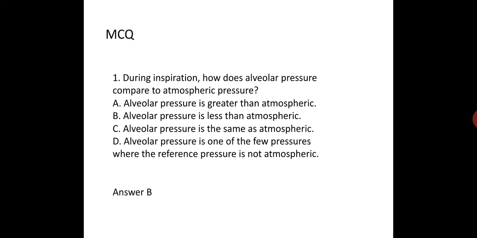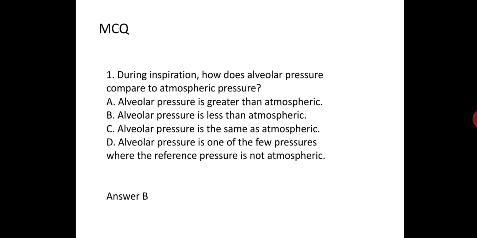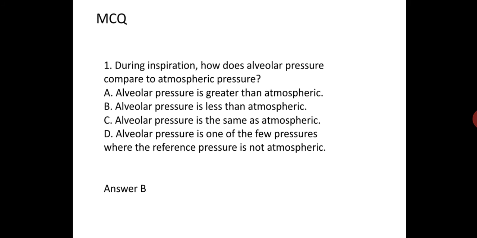The first one is, during inspiration, how does alveolar pressure compare to atmospheric pressure? A, alveolar pressure is greater than atmospheric pressure. B, alveolar pressure is less than atmospheric pressure. C, alveolar pressure is the same as atmospheric pressure. D, alveolar pressure is one of the few pressures where the reference pressure is not atmospheric. The answer is alveolar pressure is less than atmospheric pressure.